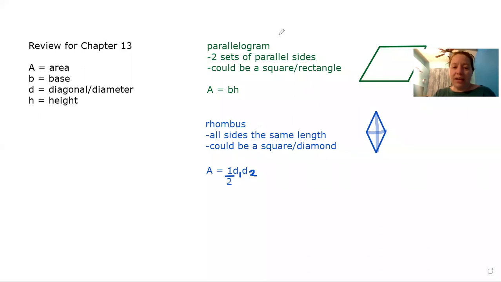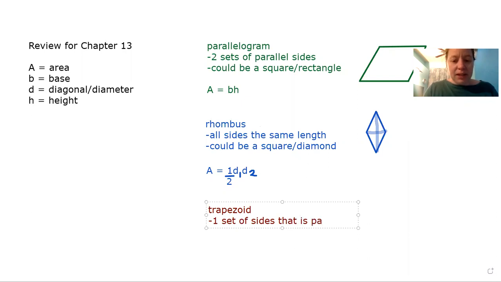Next we have our area for a trapezoid. A trapezoid has one set of sides that is parallel. You really don't have any other specific shapes that you think of when you think of a trapezoid.